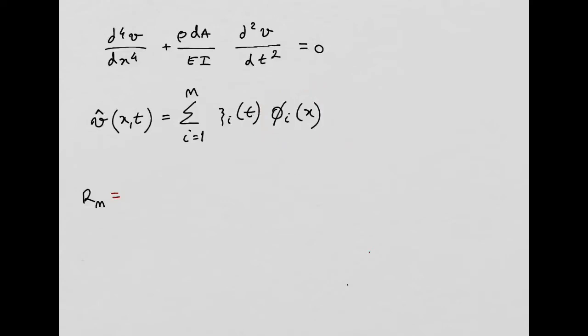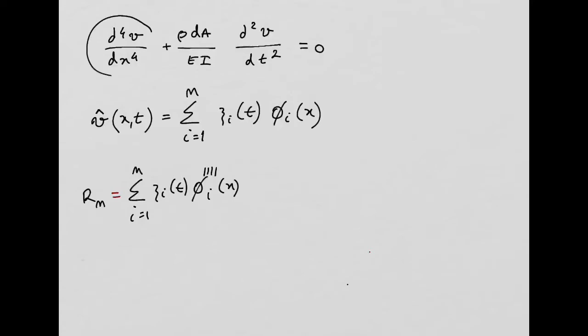I'm going to have the summation from i equal to 1 to n, xi_i(t) times the fourth derivative, 1, 2, 3, 4, of phi_i in order to x. So I did this term here of my differential equation.